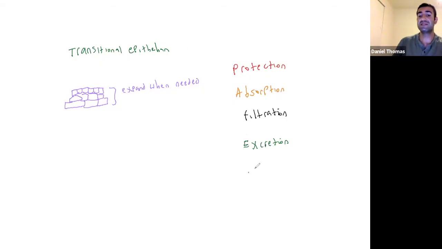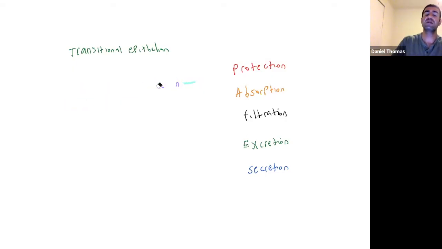Next is secretion. And if you recall what secretion is, it moves from the basolateral side to the apical side. One example of that is going to be the process of glands. There are two types of glands.